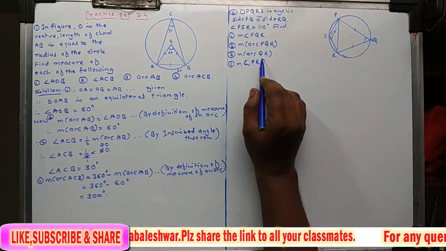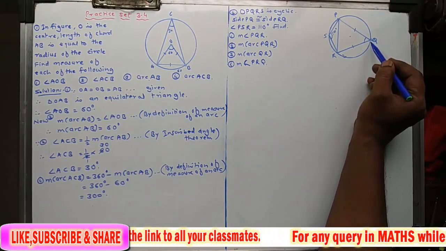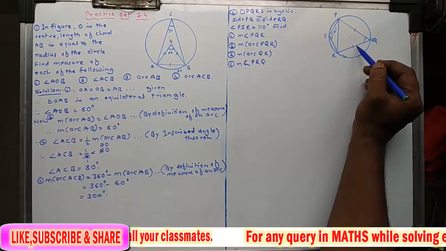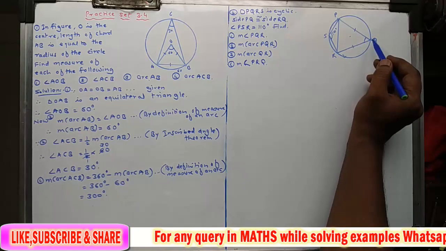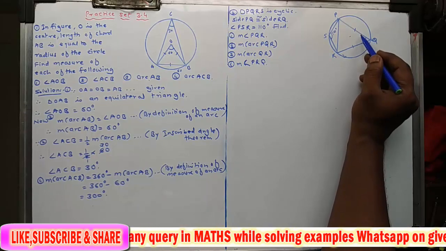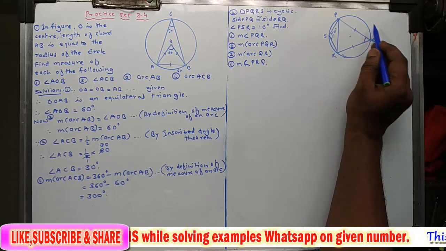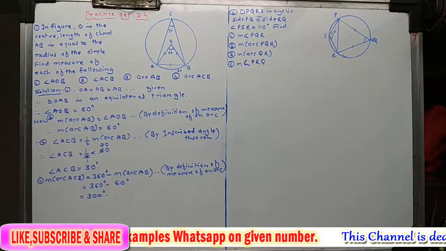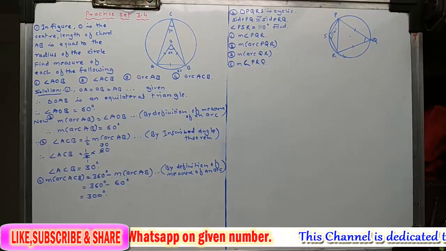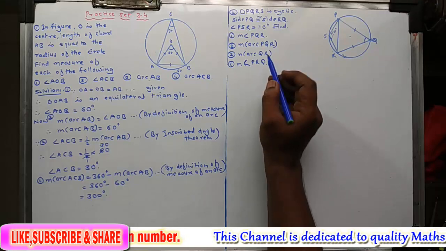Now the measure of arc QR. We have studied one theorem: in a circle, if chords are congruent, then their corresponding arcs are congruent. Here PQ and QR are two congruent chords. Therefore their arcs are also congruent. But arc PQR is equal to 220, so just divide 220 into two equal parts. You will get the measure of each arc as 110 degrees.